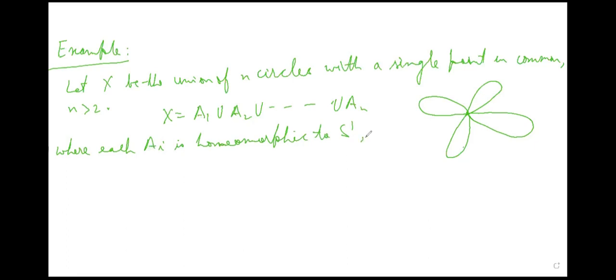And if i is not equal to j, then Ai intersection Aj is exactly this point x naught. So this is the point x naught.